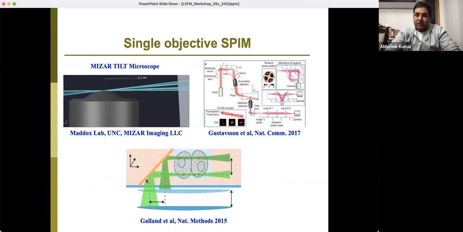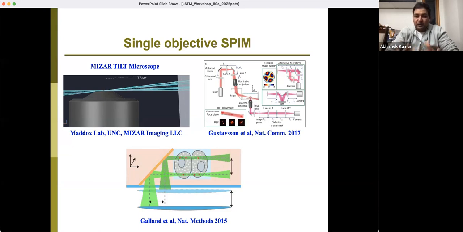There is another implementation where people fabricated micro mirrors in PMMA, this is a French group, Galland et al. You can use the same lens to bring your Gaussian beam and reflect it from this mirror. So it gives you orthogonal illumination and you detect using the same lens. Again, there is the sample mounting and so on. As I said, there is no free lunch.